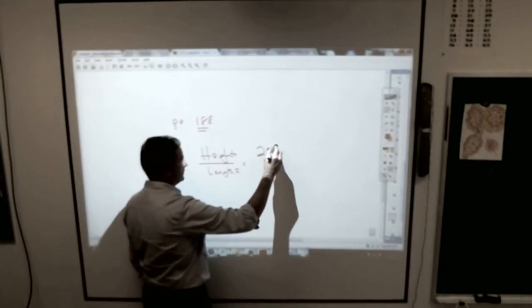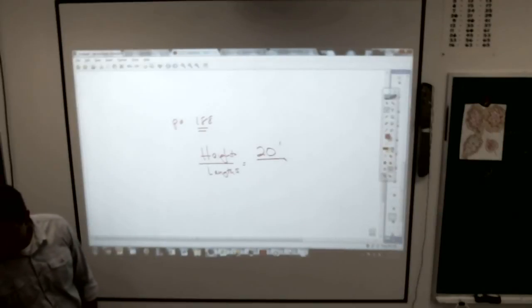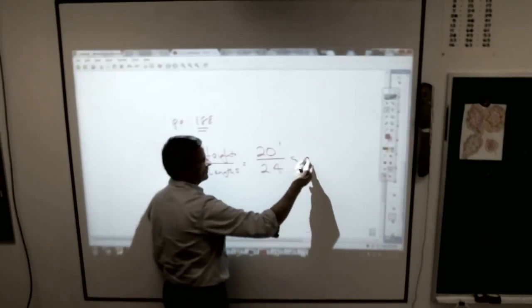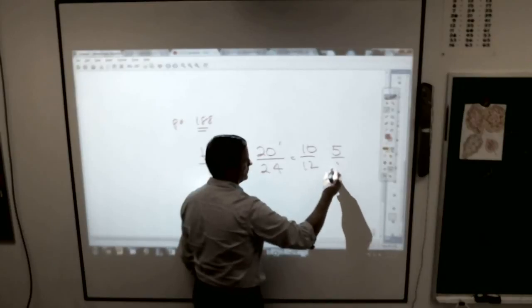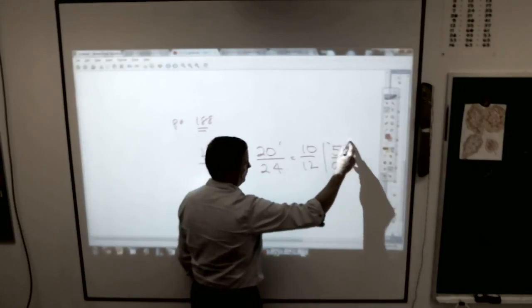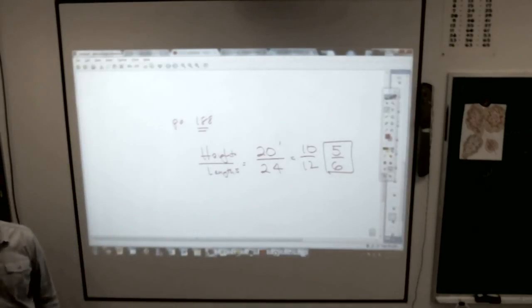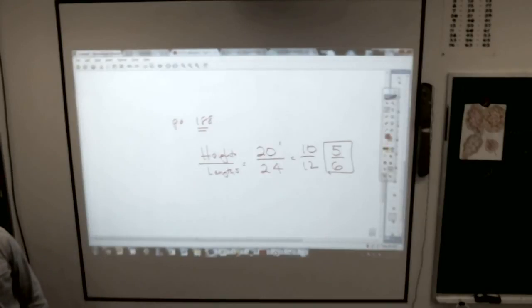The length of its shadow is 24 feet. You definitely need to reduce it. You've got 10 over 12, cut it in half again, 5 to 6. 5 feet to 6 feet. What is the ratio of the length of the shadow to the height of the flagpole? Well, it's pretty much that same thing flipped.